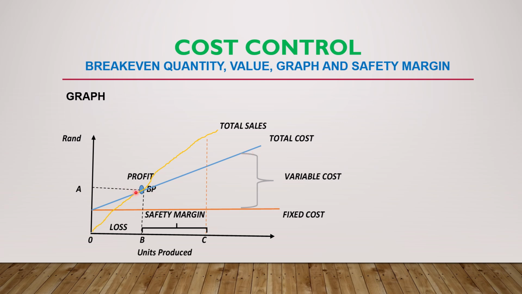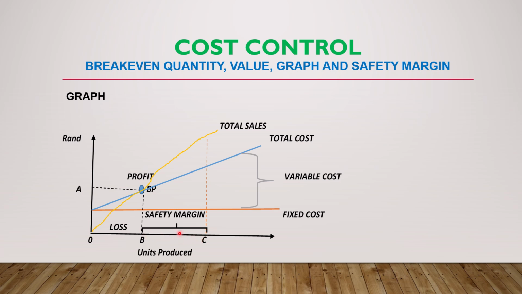And then we said from the break-even point below you'll be incurring losses, meaning from here your cost is greater than your sales, so you are incurring losses. All right, and then we said about the safety margin. We said any point beyond the break-even point will be your safety margin, right?